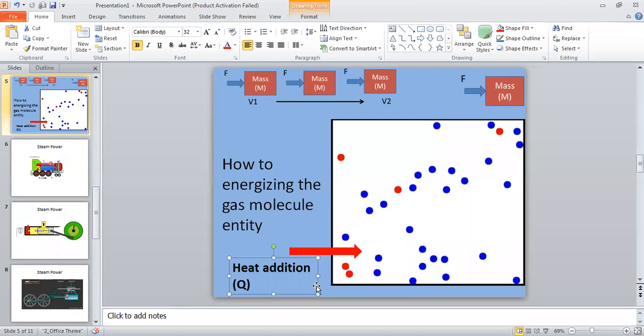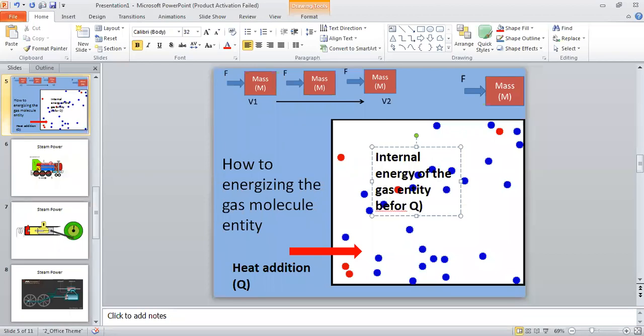Okay, the energy level goes up. So what happens is, because of this, let's say the internal energy of the gas entity or molecule entity, before applying Q, before receiving, because molecules, they are receiving, we are applying, but we have to think like molecules.